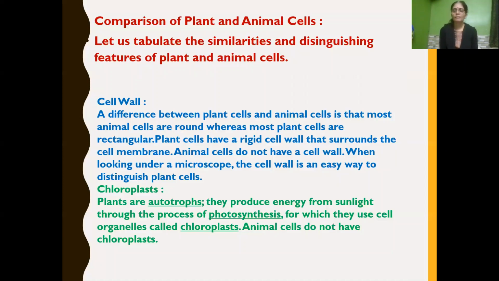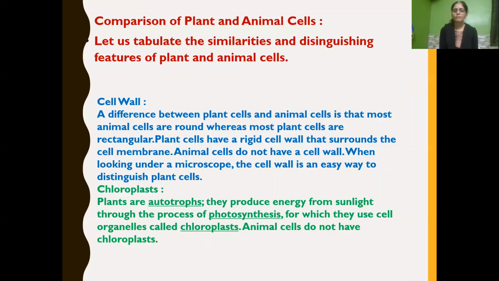And a plant cell has a rigid cell wall which surrounds the cell membrane. So outside the cell membrane, a plant cell has a very strong, rigid cell wall. And animal cells do not have a cell wall.